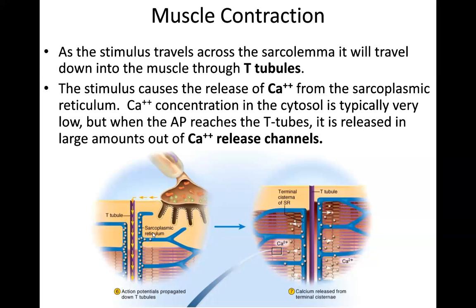The sarcoplasmic reticulum, as we learned the other day, is where we store and can release calcium. The arrival of that action potential triggers what we call calcium release channels to open up, and their name tells you exactly what they do. Calcium is released out from the SR and into the sarcoplasm, into the cytoplasm of the muscle fiber.